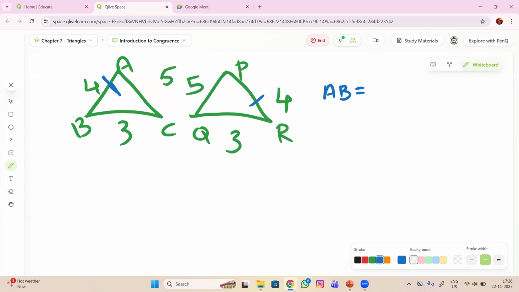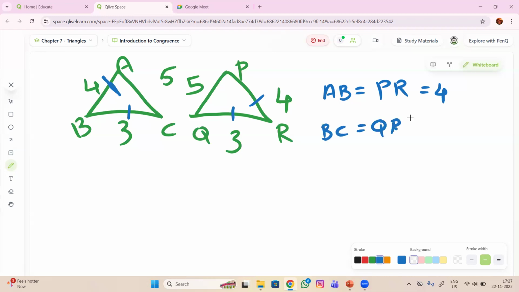AB equals PR equals 4. These two sides are equal. Very good. Then what is the next side? BC is equal to, in the triangle PQR, QR. So we can write BC equals QR.